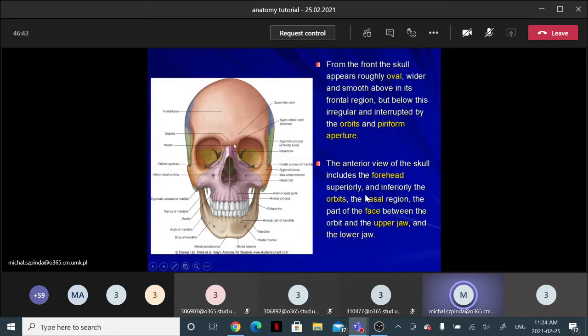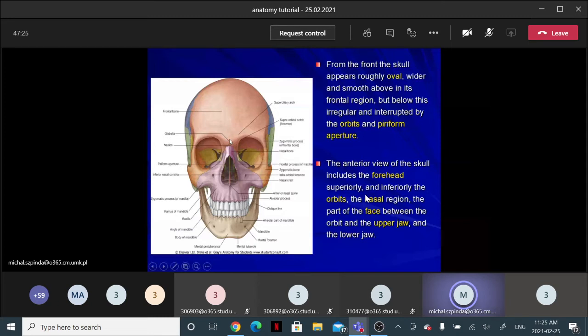Somewhat above the supraorbital margins, we can see small elevations that are called superciliary arches. Between the two superciliary arches, which approach each other but are still separated, there is a flatness.